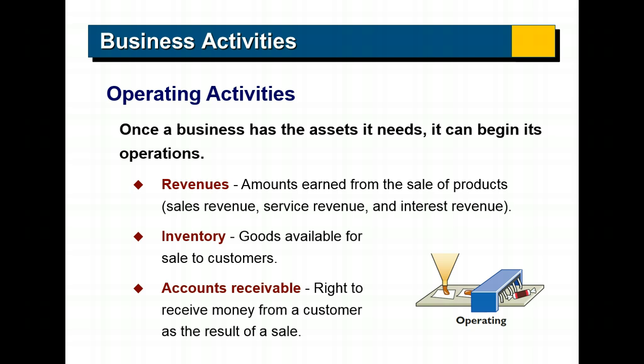Then operating activities is, why is the company in business to begin with? Brian's Automotive is in business for servicing automobiles. Shoemake CPA is in business for assisting clients in tax returns. The operating activities are why the company's in existence to begin with.